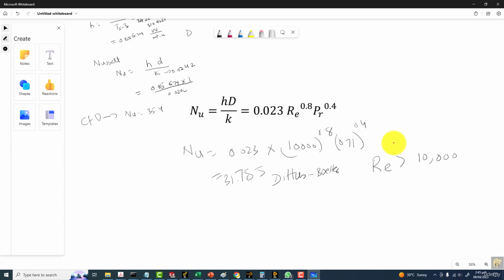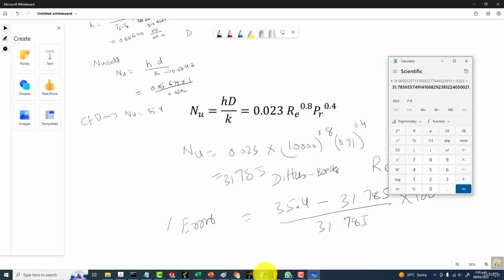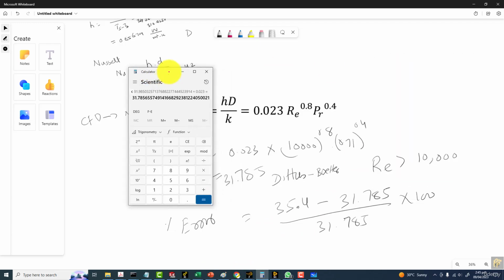Okay, so now we can find the percentage error in both values. So this is from CFD: 35.4 minus 31.785, divided by 31.785, times 100.